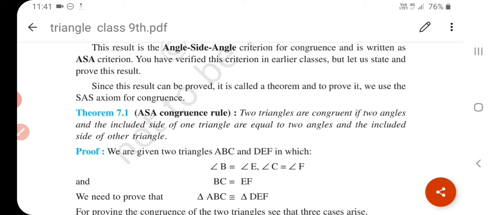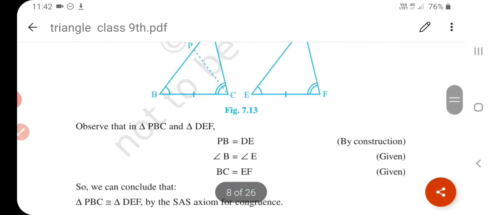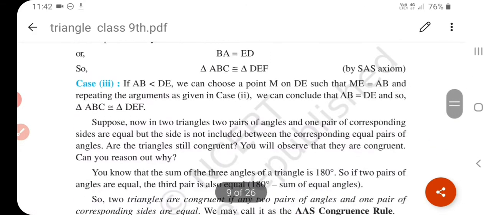Okay, now some properties of triangles. In this section we learn two theorems. The first theorem says that angles opposite to the equal sides of an isosceles triangle are equal. Okay, we learn two theorems.